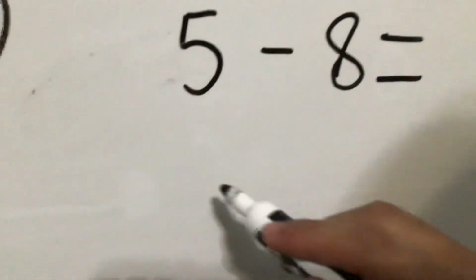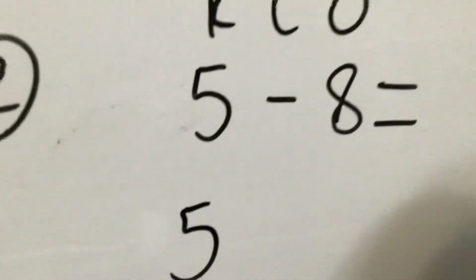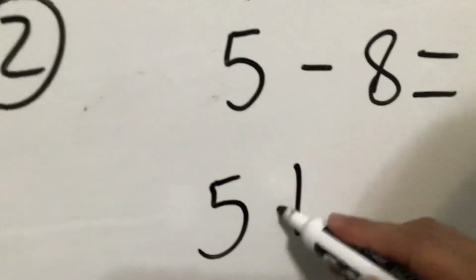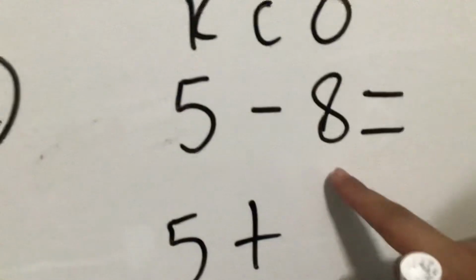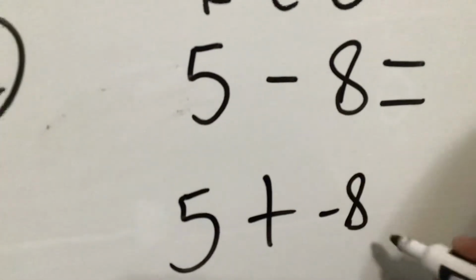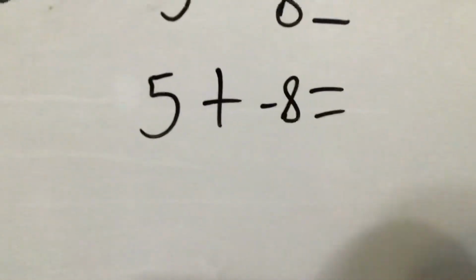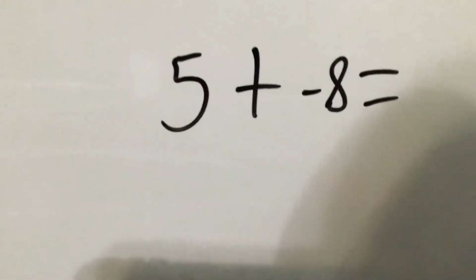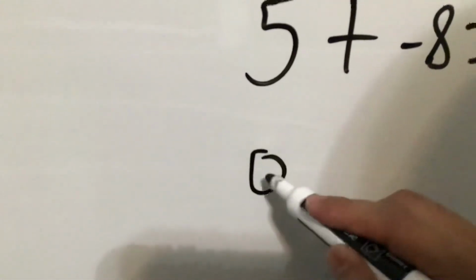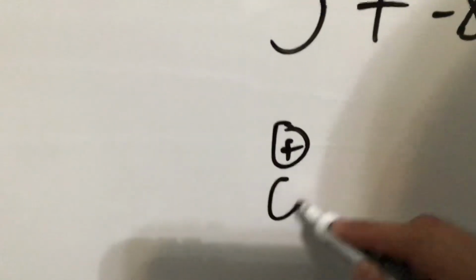So we are going to keep the 5. We are going to change from minus to a plus. And the opposite of 8 will be -8. So right here, we have 5 plus -8. We have +5. So we draw 5 positive counters. 1, 2, 3, 4, 5 positives.